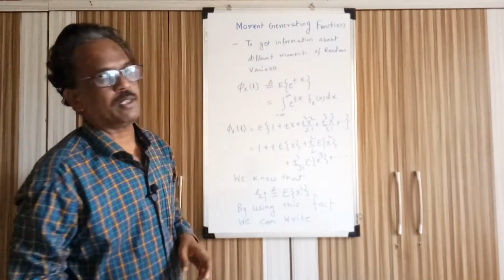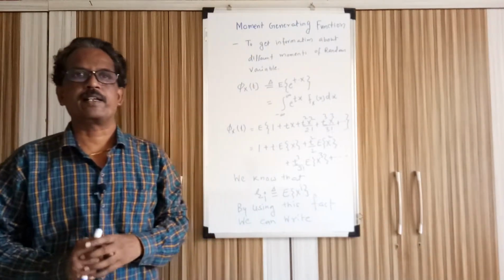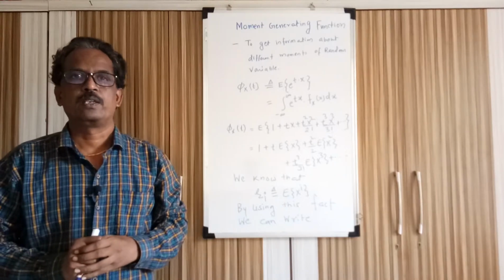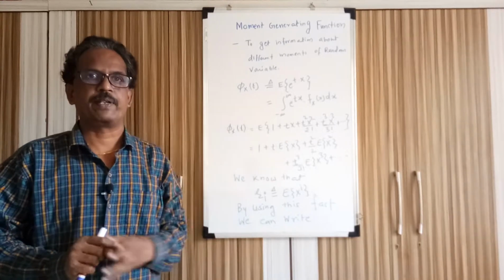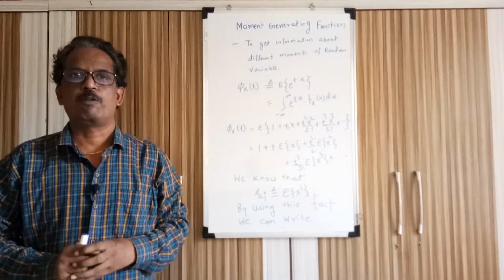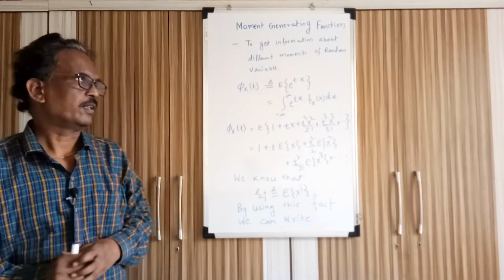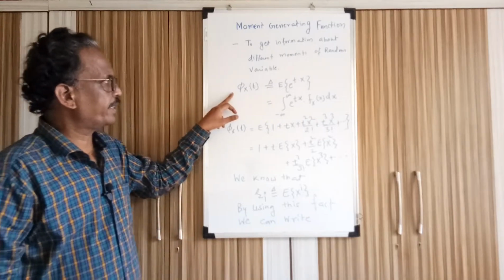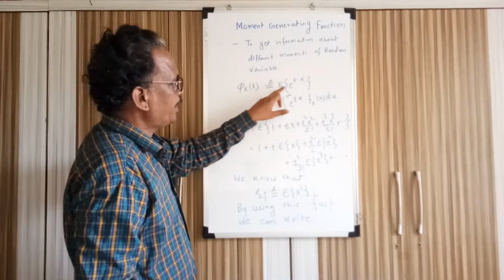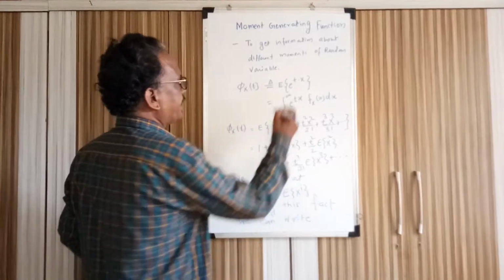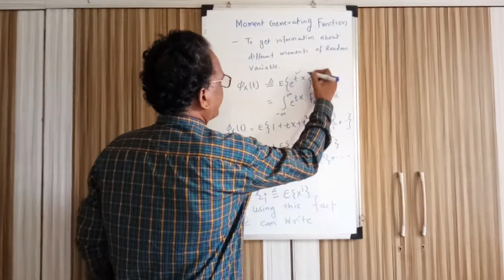Moment generating function, I told you, is generating different moments of a random variable. After going through this video, you will understand how moments can be easily computed by using the moment generating function. So the definition of moment generating function is expected value of e to the power tx, where t is deterministic and x is a random variable.